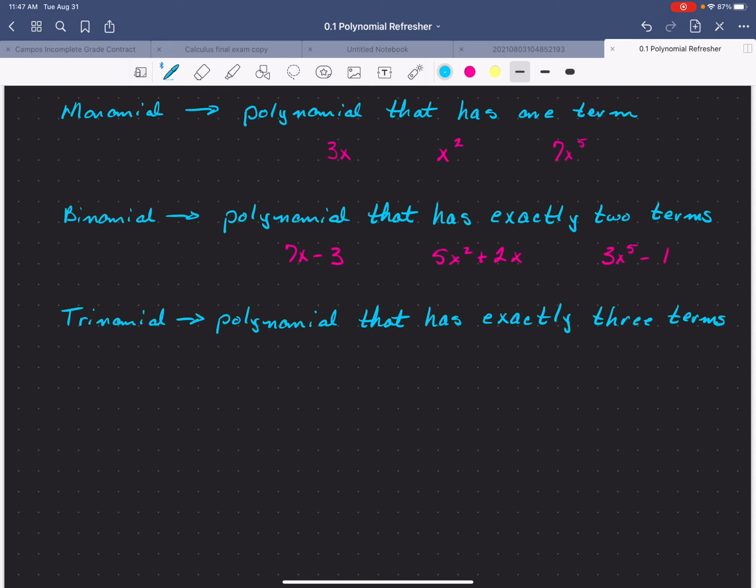So something like x squared plus 2x plus 1 is a trinomial. 3x squared minus 5x plus 6 is a trinomial. 7x to the 5th minus 6x to the 4th plus 3 is a trinomial.